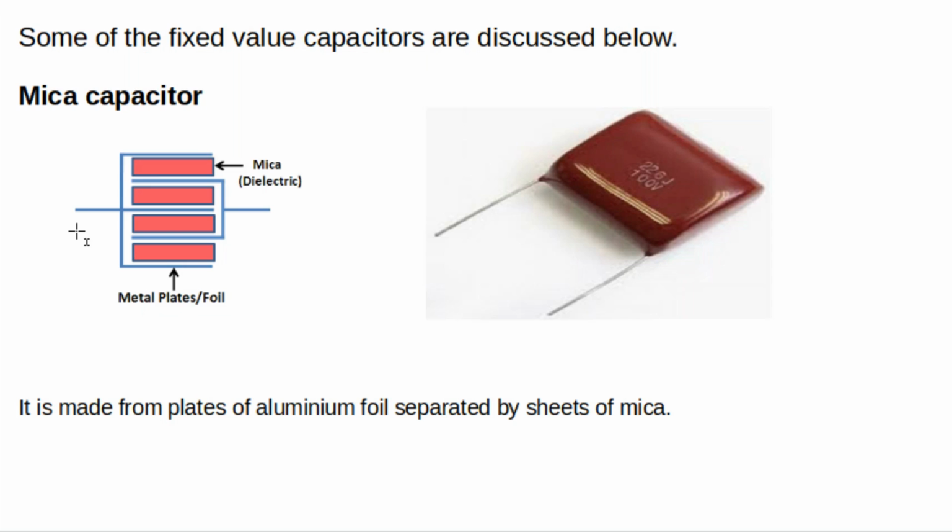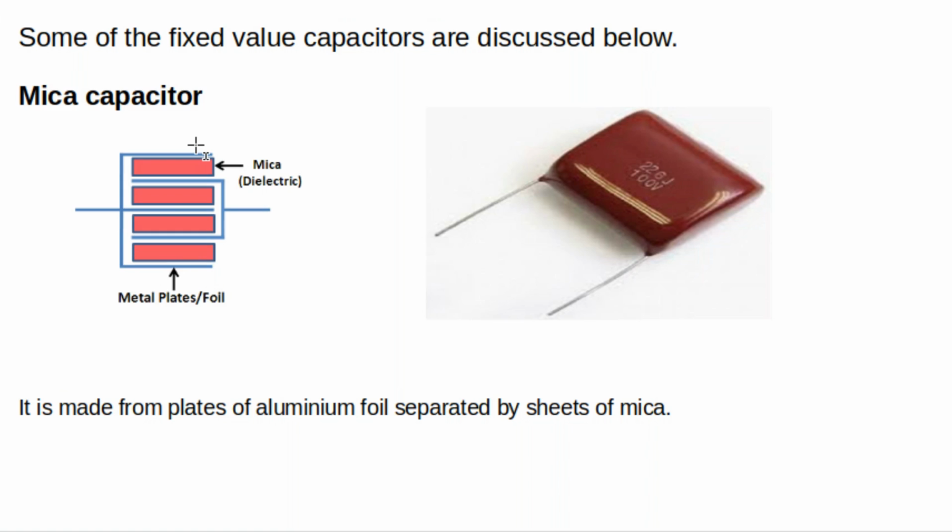Now we are going to see different types of fixed value capacitors. The first one is the mica capacitor. Here the dielectric material used is mica, and you can see the metallic plates here, two metallic plates. In order to increase the area of the plate, we are using this method.